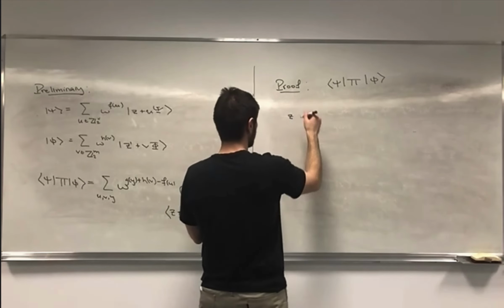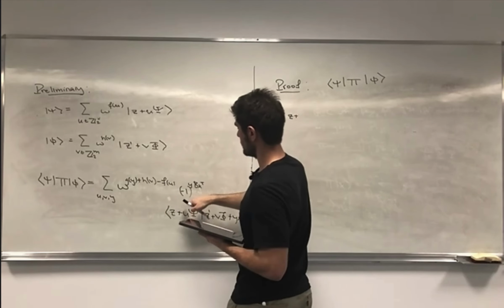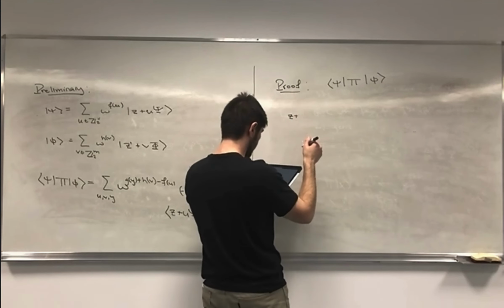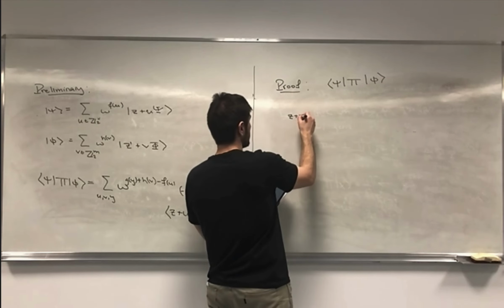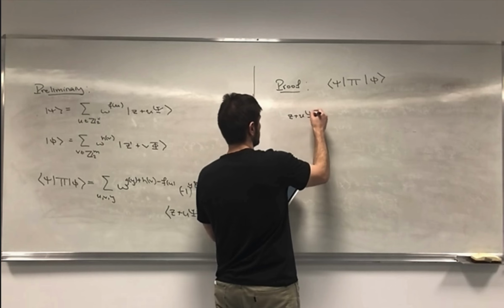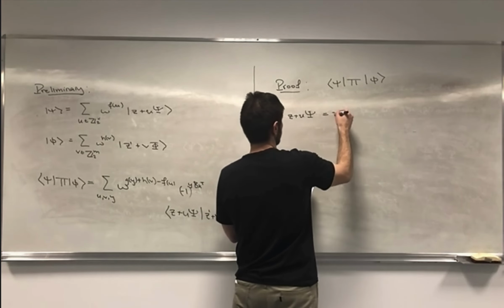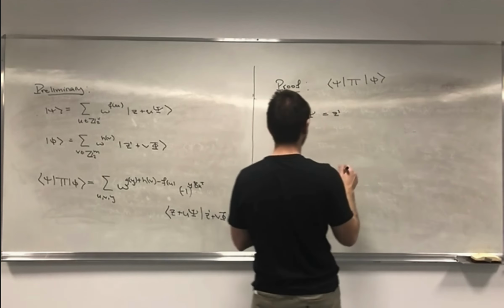So we have the following condition: we only get non-zero terms when the following bit strings are equal, z plus u psi equals z prime plus v phi plus ya. I'm just rewriting what's inside of here.